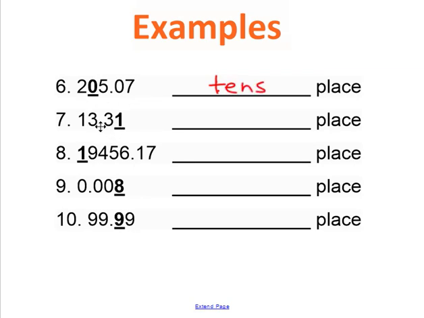Number 7, we have the decimal here, but we're going to the right-hand side now. So tenths, hundredths. You're going to notice that THS. All right, here's the decimal. Now, this one wasn't on your chart, but you should be able to figure it out. So we have ones, tens, hundreds, thousands, ten-thousands.